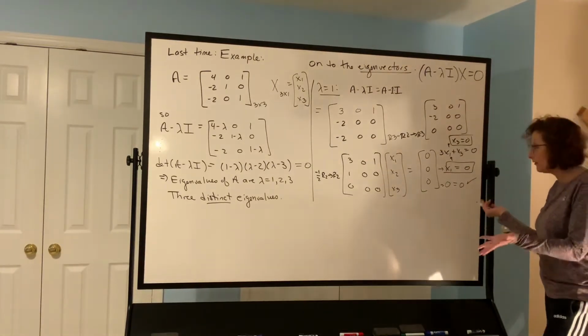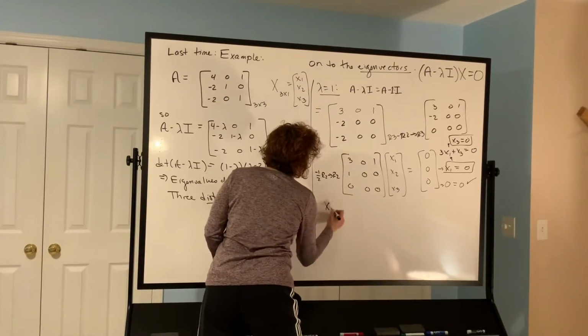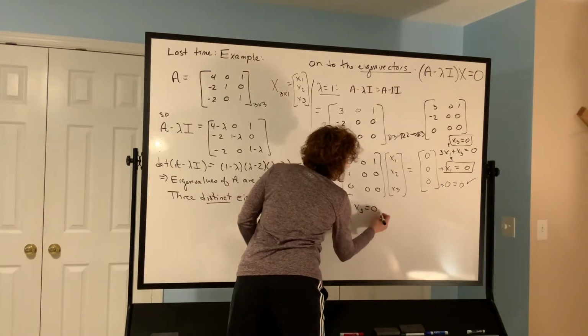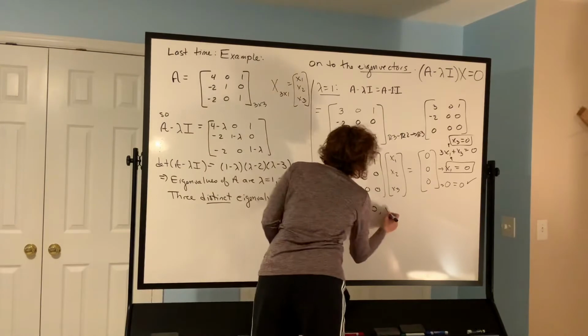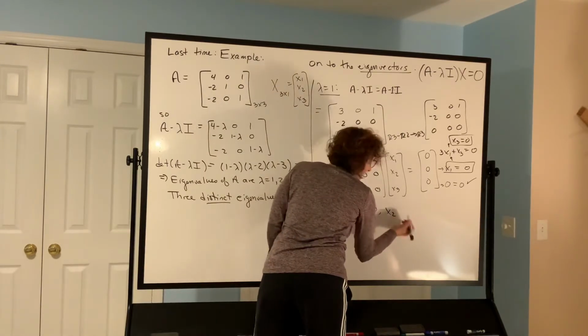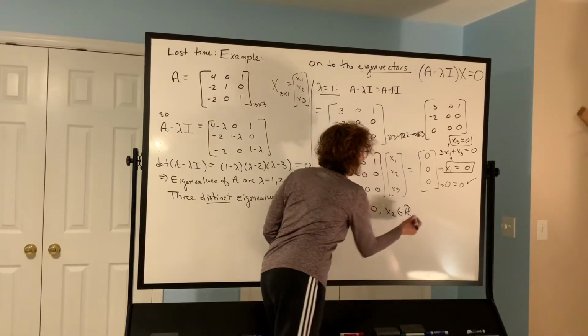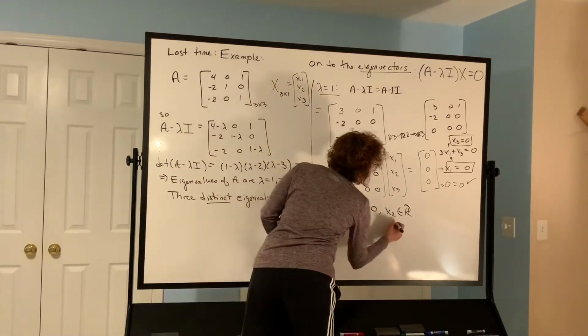So what do I discover from this problem? I discover that x1 is 0, x3 is 0, and I got no restriction on x2 at all. And so what do I know? x2 is anything. x2 is just x2. x2 is any real number. x2 is free. This is my free variable.